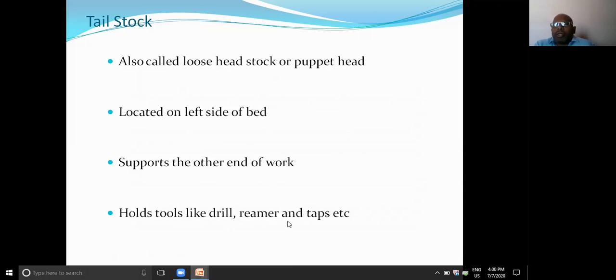If the hole is supposed to be drilled other than on its central axis, then this tailstock is not at all useful for that operation. But generally, whenever a job requires a hole at the central portion of its axis, in that condition the barrel is used to hold either a drill bit or a reamer or a tap.